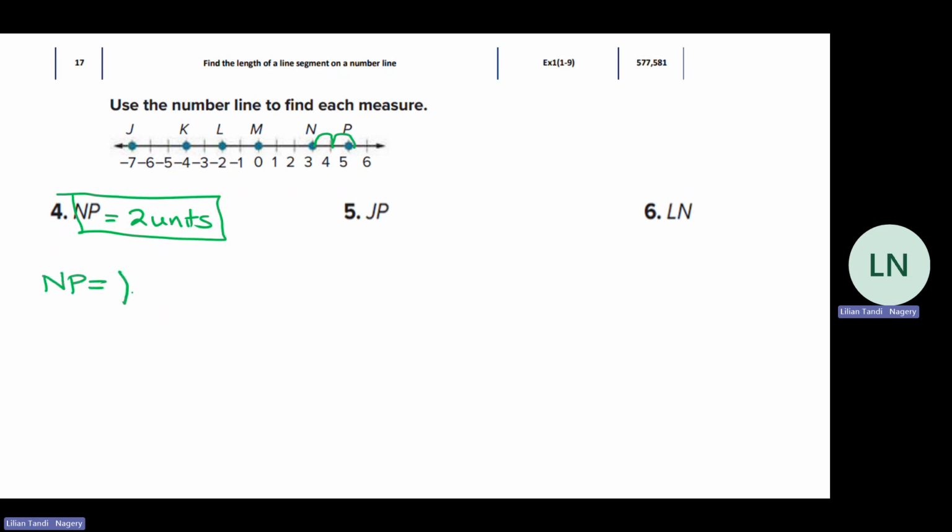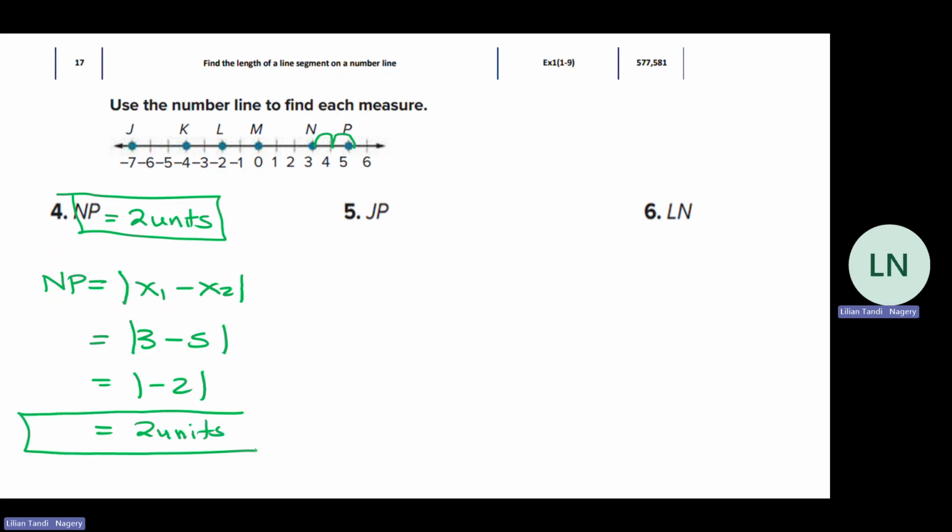NP equals the absolute value of x1 minus x2, which is 3 minus 5, which is the absolute value of -2, which is 2 units. Remember, you should know both methods so you can use one method to check the other.